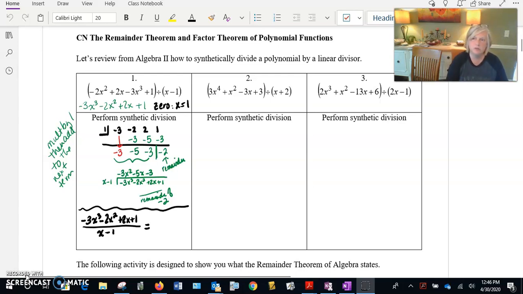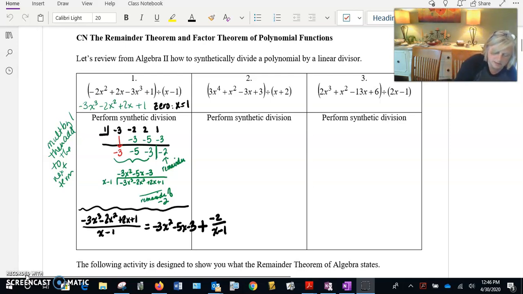It goes into it negative 3x squared minus 5x minus 3 plus, because it's got a remainder, it doesn't go in evenly. It'll have a fractional part, which would be your remainder over your divisor, x minus 1. That gives us the relationship that we have when we look at the division of polynomials.